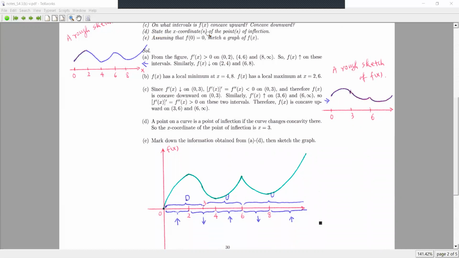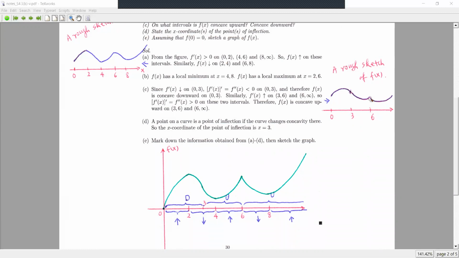The x-coordinates of the point of inflection. The graph of f has only one point of inflection, this point, because the graph changes from concave down to concave up at this point. This is a point of inflection.